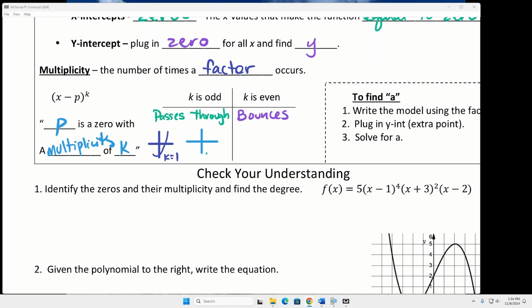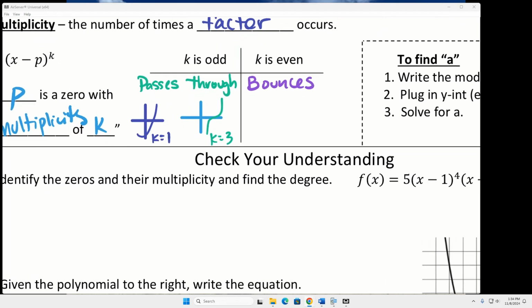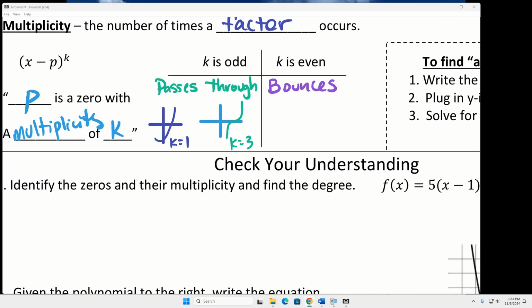If it bends as it goes through, then k is 3, or possibly 5, but typically we'll just say 3. And then bounces, it'll just touch it and then go back. That's when k is any even number, but typically we'll just say k is 2.